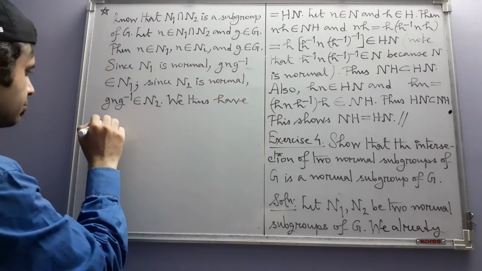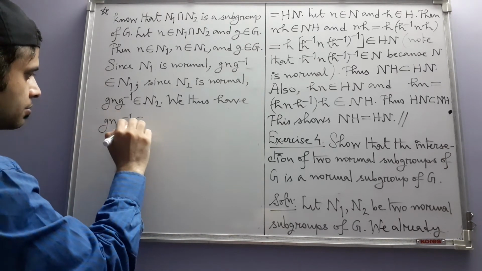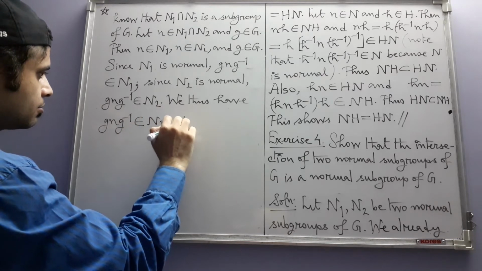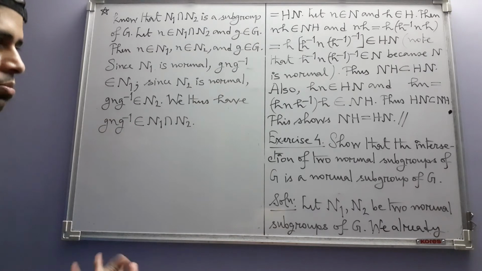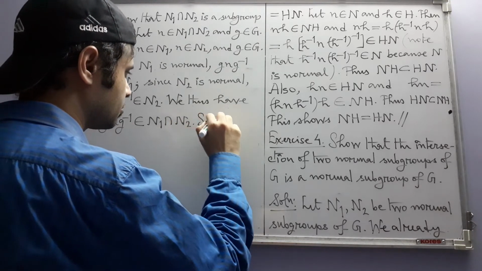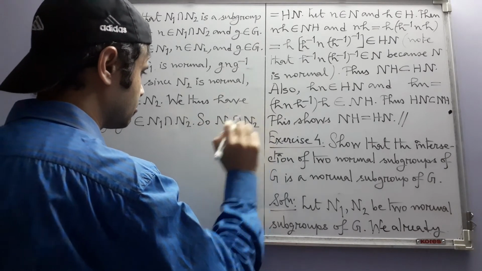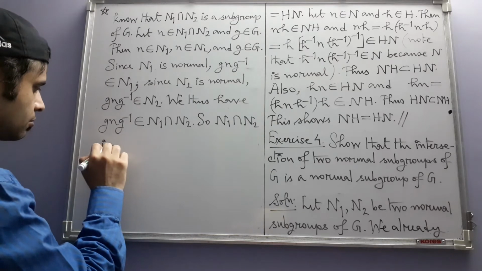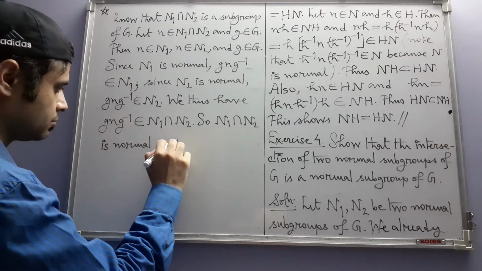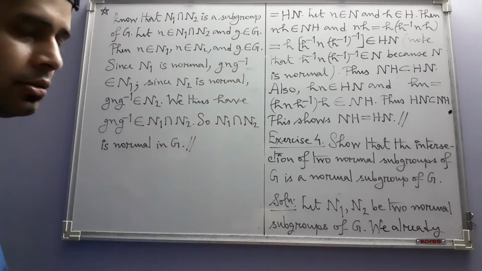We thus have g n g inverse belonging to their intersection. This proves that the intersection is normal in G. And that completes the solution.